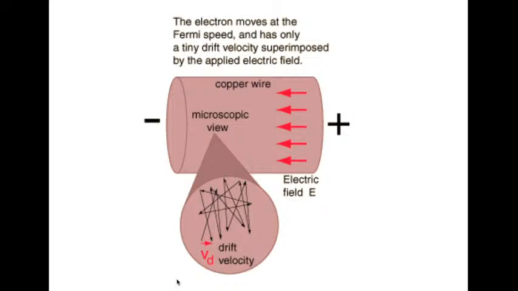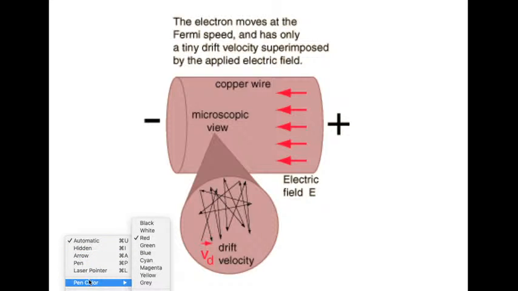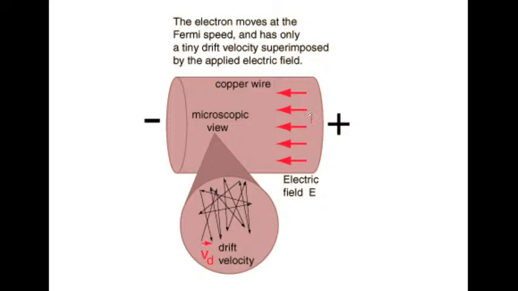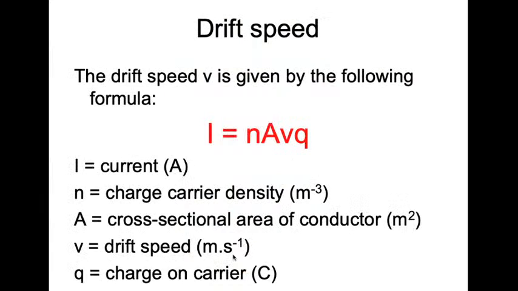If we were to drop in a positive test charge right here, it is going to be repelled from the positive towards the negative, so the electric field is in this direction. But an electron is negative, and it's going to travel in the opposite direction of that positive test charge. So that's what's really going on. There's our net velocity, which we call our electron drift speed.